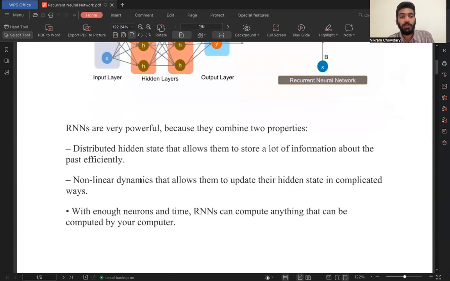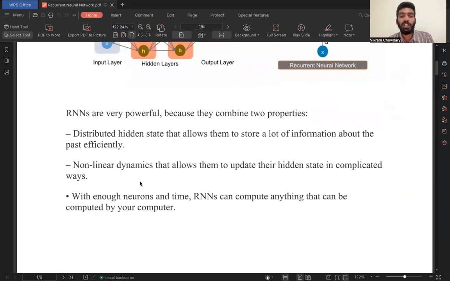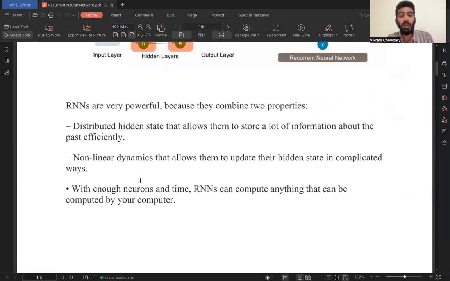There are several advantages which can be summed up, and a few of them are the possibility of processing input of any length, and it can easily process the input even if it is very lengthy.